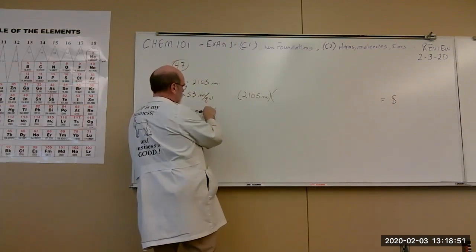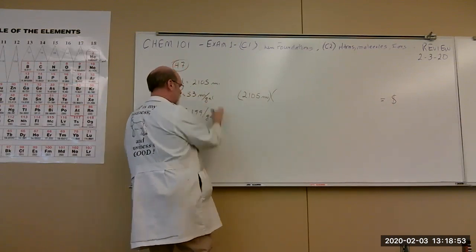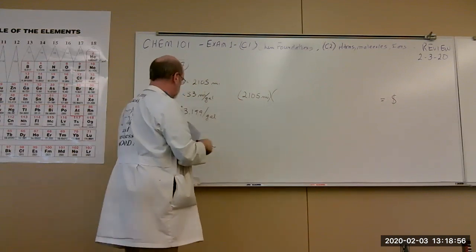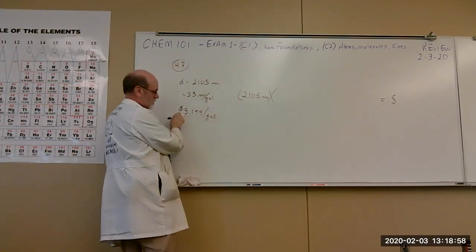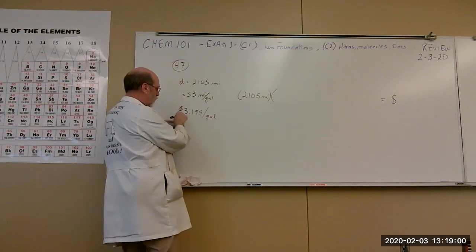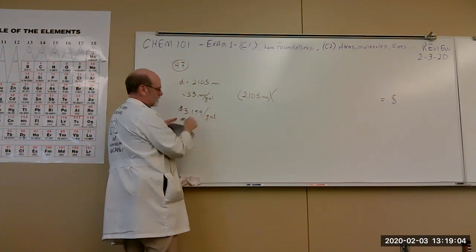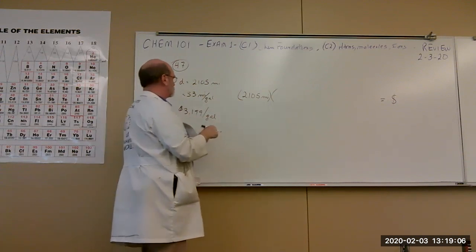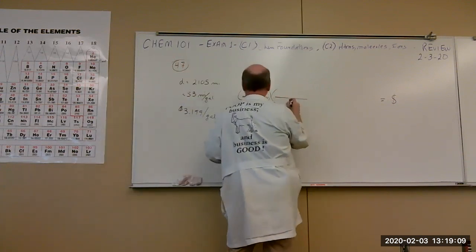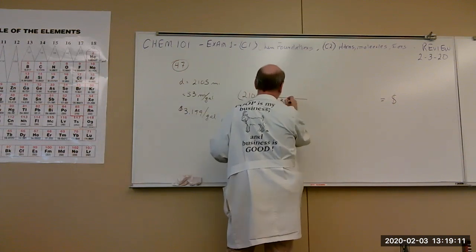So how would we convert? We've got these two conversion factors, and we want to have dollars. This will put us at dollars. Right? So if we incorporate this in there, we got to get rid of gallons somehow. So this is kind of the intermediary.